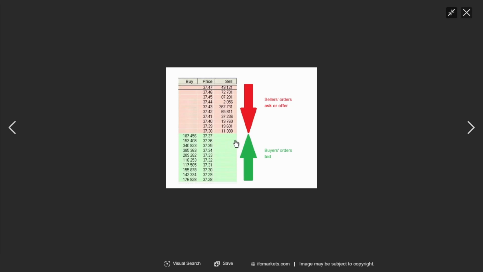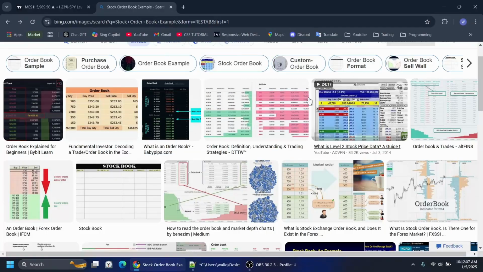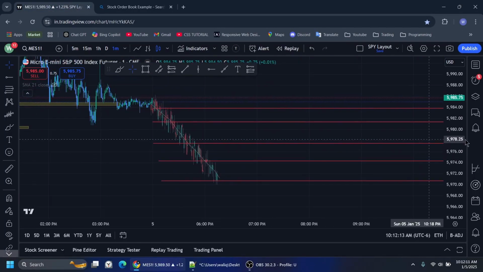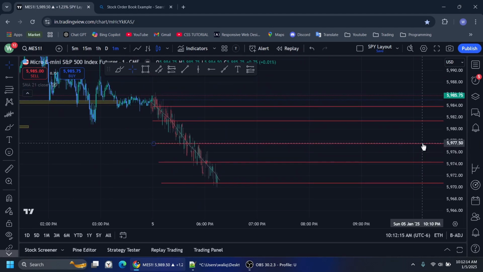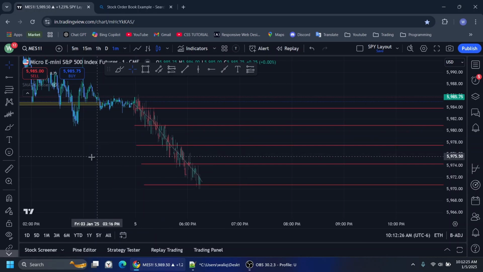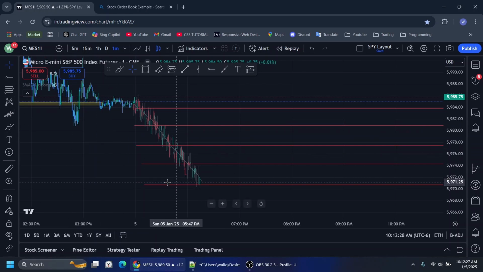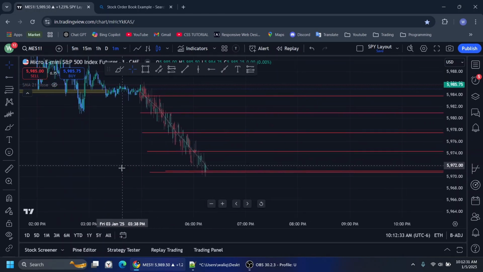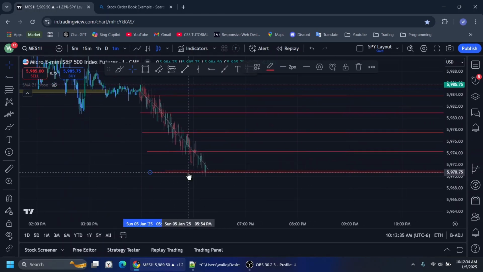Because if I'm trying to sell, I need the same amount of buyers to buy from me, right? So this is how it's going to look, and the price is going to keep going down because there is more supply than demand. Once all of my order is filled, the price is going to be at this level, maybe all the way at the bottom.